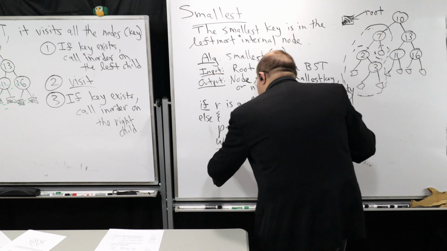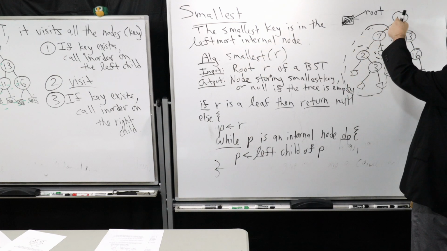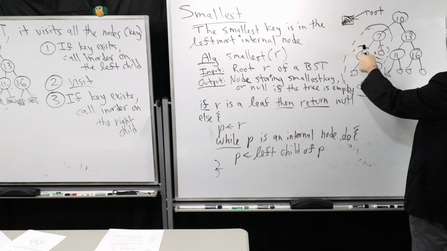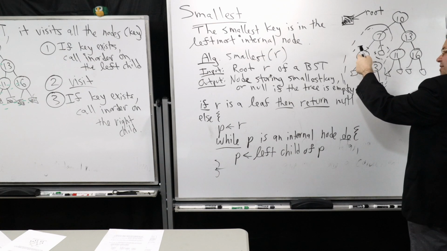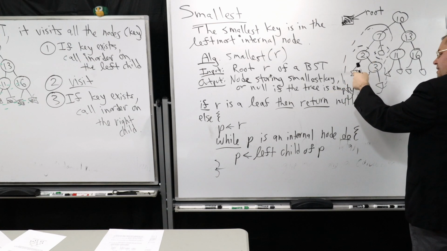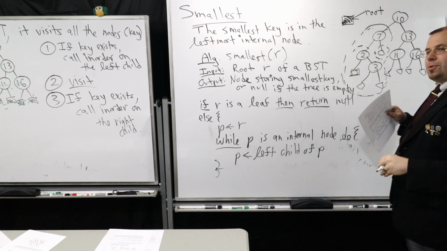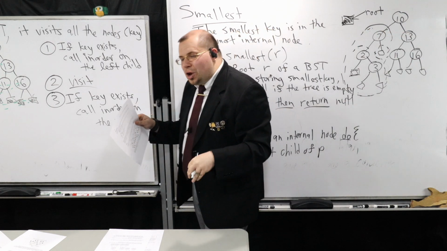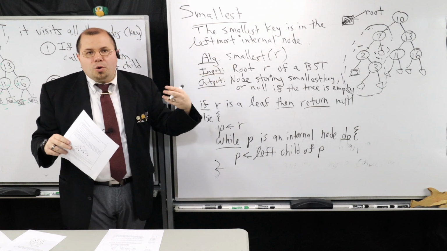Now, just to wrap things up here, because we need to get going. If I keep going down the left, if this is still an internal node when I go far enough left, right? When I reassign P to be the left child of P, that brings me down to this leaf node. So if I want to return the node with the smallest key in it, is it the leaf node or is it its parent?